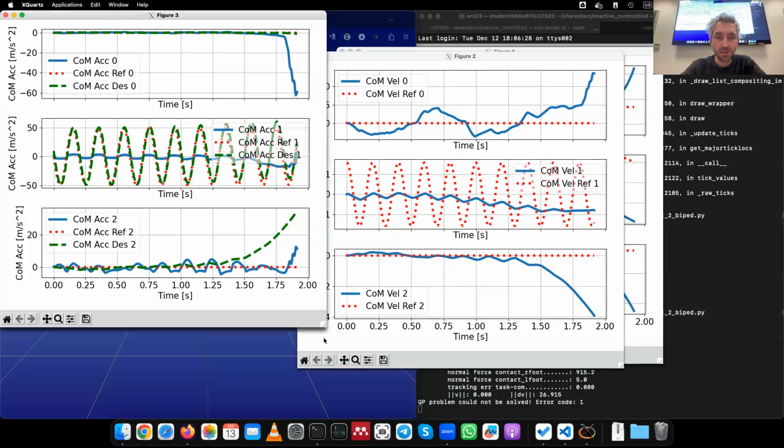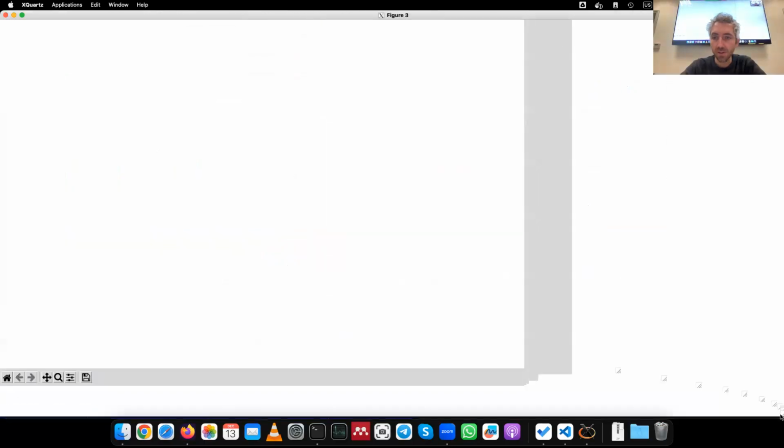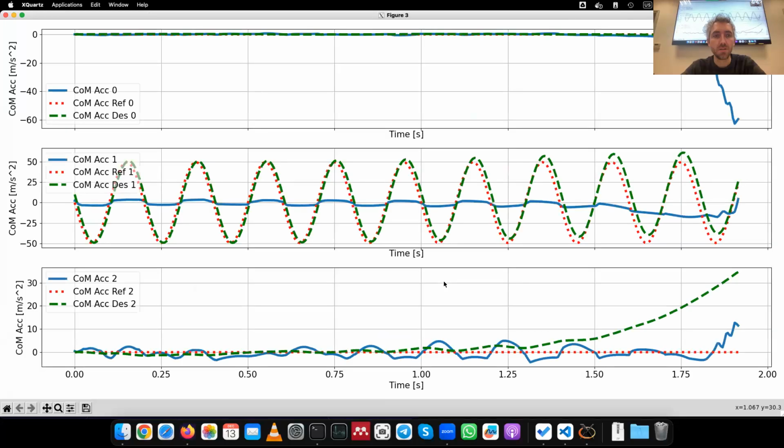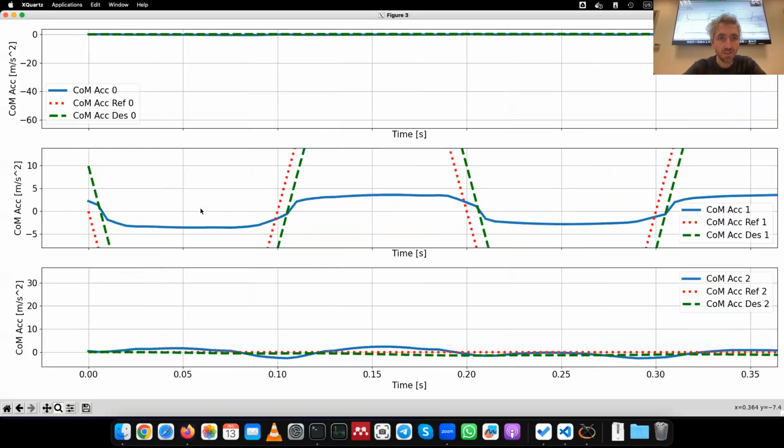I think even in this case, it's interesting to look at the acceleration plot. And we can see the reference and the desired acceleration, they are very large. We're asking for a value of 50. But the system is able to deliver a value probably around 2 or 3.